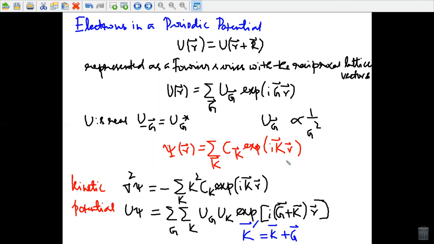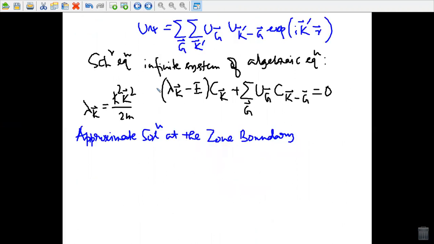The kinetic and potential energy terms in the Schrodinger equation are grad square psi equals minus k square C_k exponential i k r, and U psi equals summation upon G and summation upon K U_G C_k exponential i (G plus K) r, with K prime equals K plus G, and can be rewritten as U psi equals summation upon G and summation upon K prime U_G C, sorry, this is not U, this is C instead.